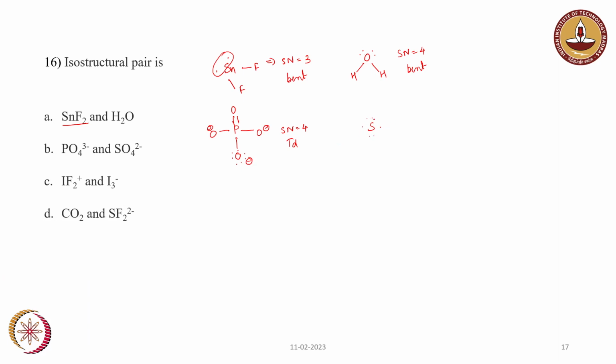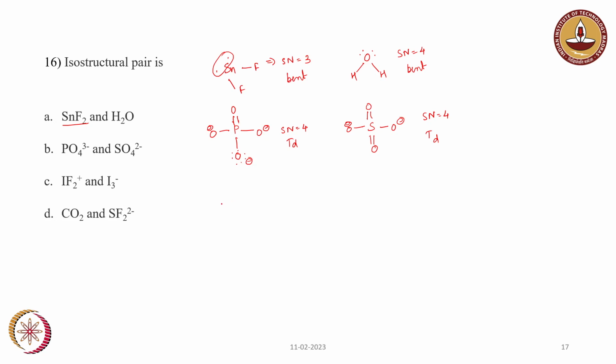So SO4 2 minus forms 2 double bond O's and bonds with 2 O minus. So the steric number is 4 and the structure is tetrahedral.